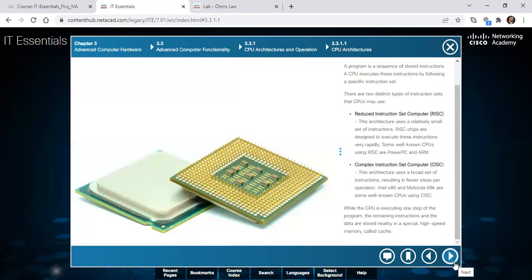So most times when you look at the setup of your computer, you always see Intel x86 appearing in the information on your system. All right. So those are the major ones that we actually use. While the CPU is executing one step of the program, the remaining instructions and the data are stored nearby in a special high-speed memory called cache.